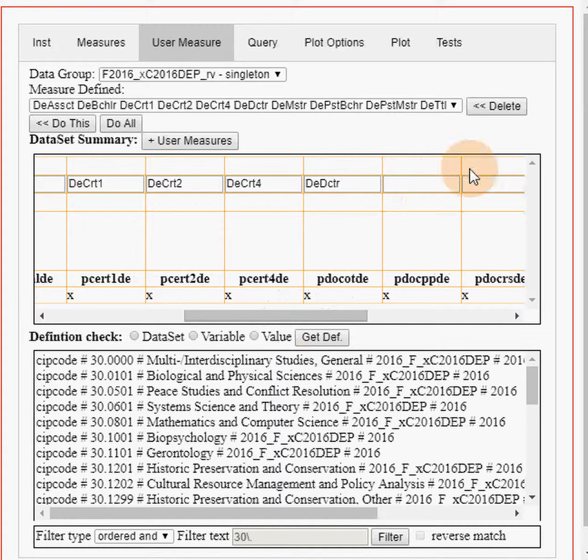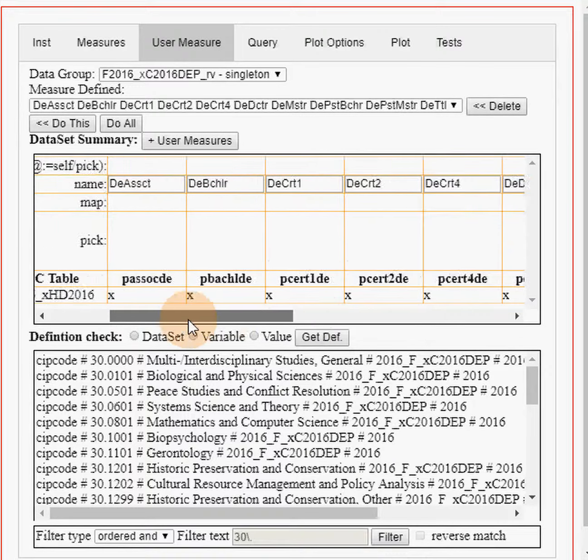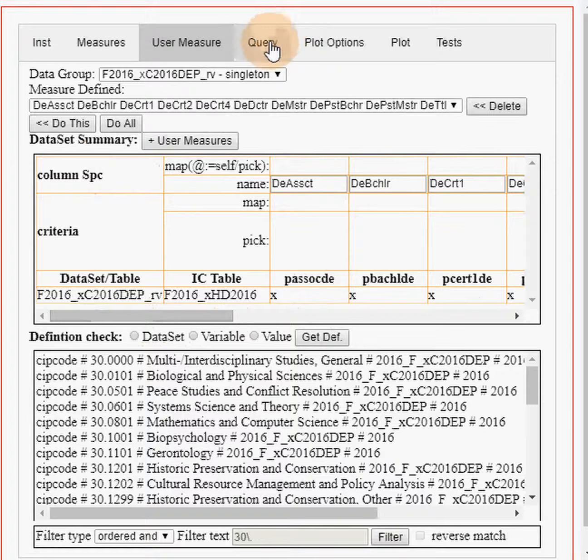The only difference over here is I only selected doctor degree total, instead of separating it into the doctor practice and doctor research categories. Now let's go to the query tab.